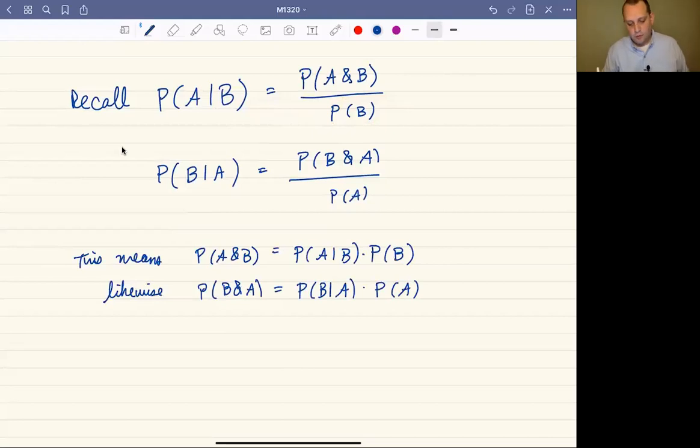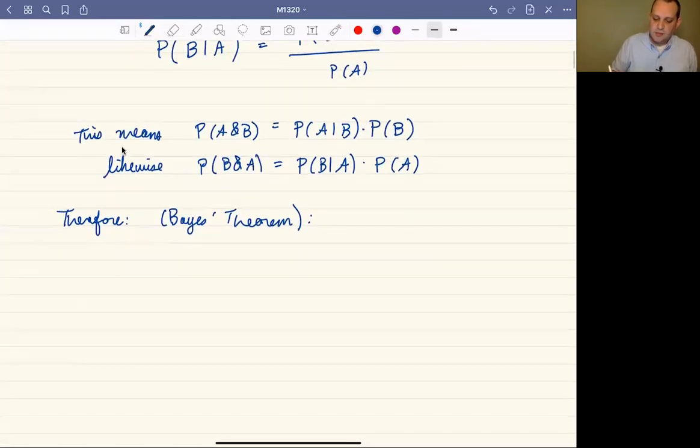Okay, now, like we just said, these two are the same set, and therefore they have the same probability, and that means that the other two parts of this equation must be equal. So therefore, this is Bayes' theorem. It's the statement that these two quantities on the right side of each equation are equal.